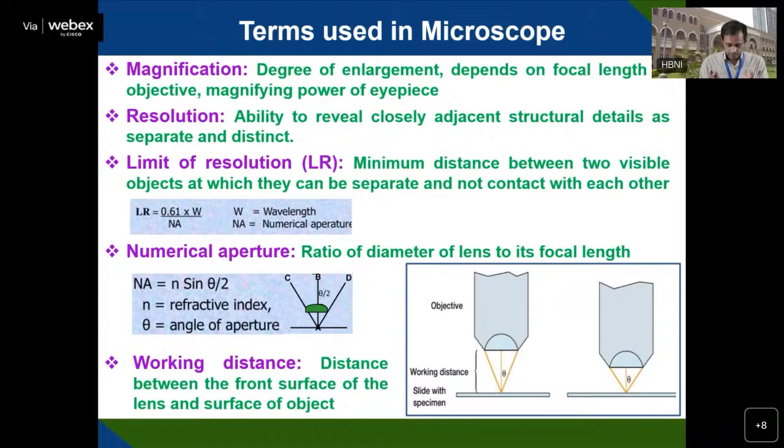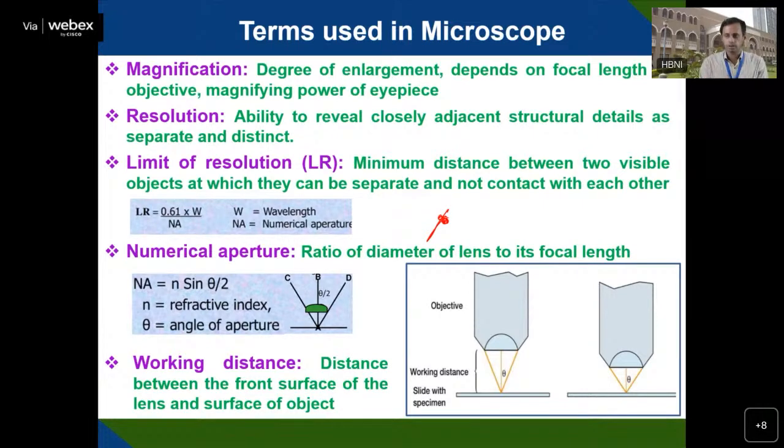And then, when you want to differentiate between two images, that is expressed in terms of resolution. That's the ability to reveal closely adjacent structural details as separate entities. So if you have a spot here and a closely spaced spot next to it, you want to see how well you can resolve these two structures.